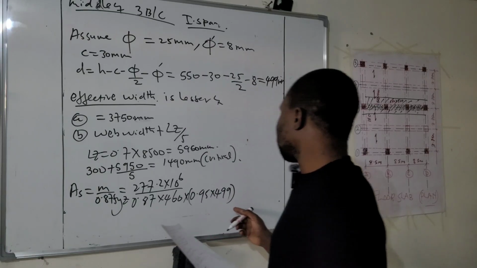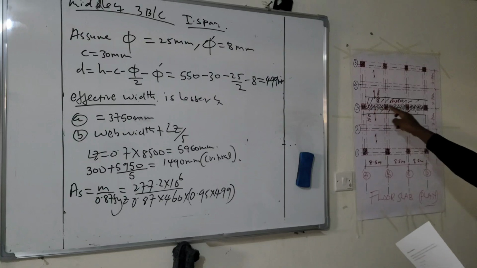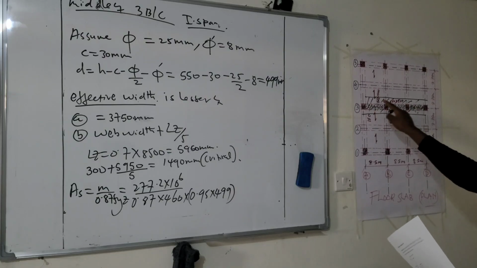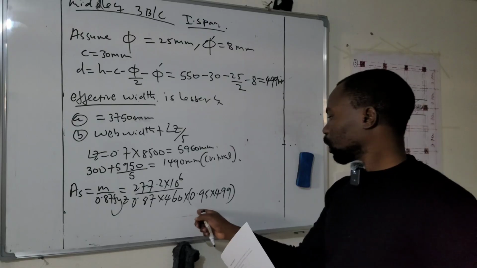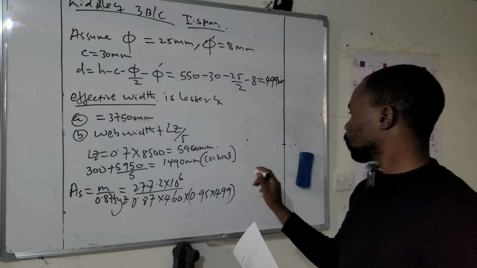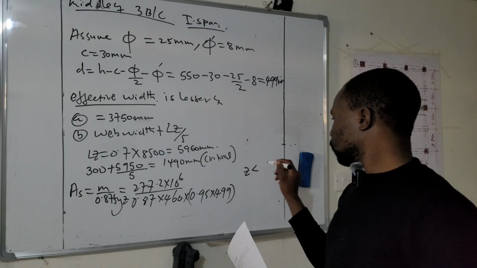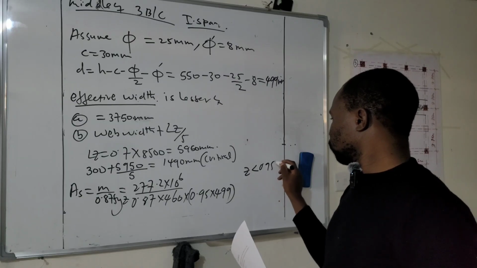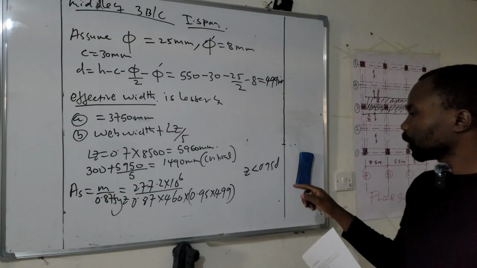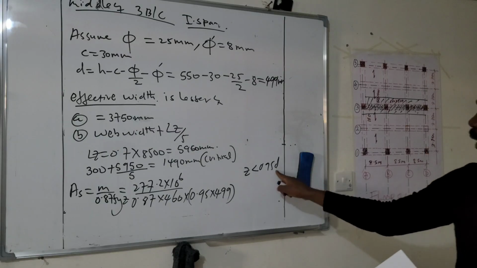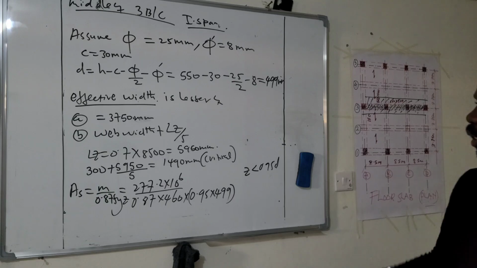So remember, in our first calculation of the area of steel in this span, the end span, Z was less than 0.95 D. So we decided to go with 0.95 D. So the same case will apply here.